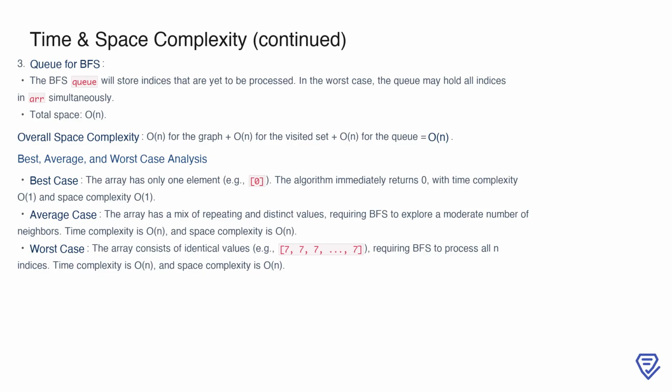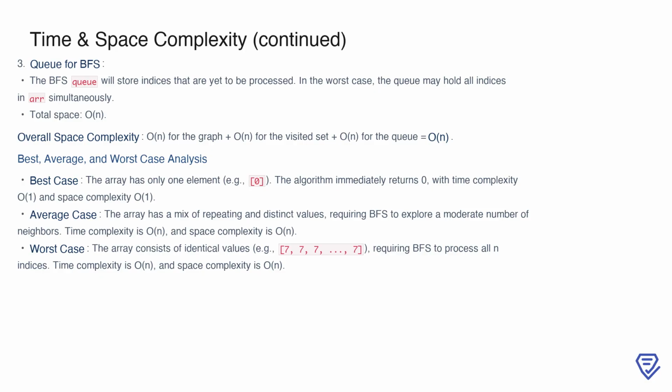To complete our analysis, we can look at the algorithm's behavior in different scenarios. In the best case, the array contains only one element, such as 0. Here, the algorithm immediately returns 0, with both time and space complexity of 1.